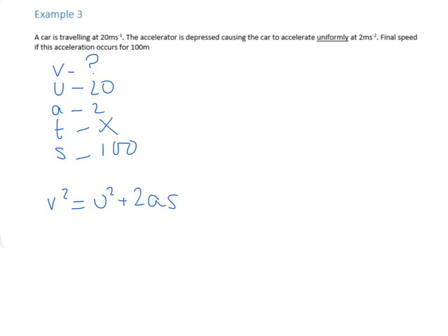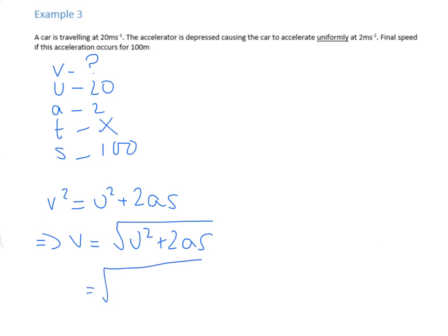v squared equals u squared plus 2as, and obviously we want to calculate v, so let's square root the whole thing. You'll notice in these that I always arrange algebraically before subbing numbers in. That's very good practice, something you'll especially be encouraged to do in science type subjects. It's not so much of an emphasis in maths, but I will always do it like that.